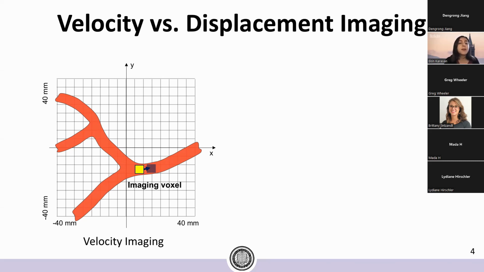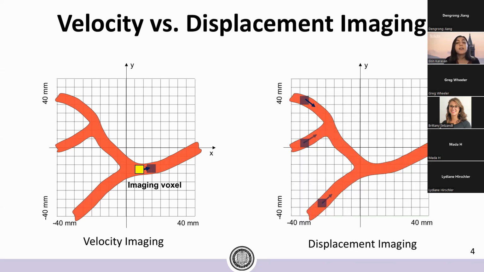And the spins might not continue traveling in this direction unless they're moving at a constant velocity. On the other hand, with displacement imaging, the spins are initially tagged, and after a particular time, imaging is performed, and the positions from which spins came into the imaging voxel can be traced.